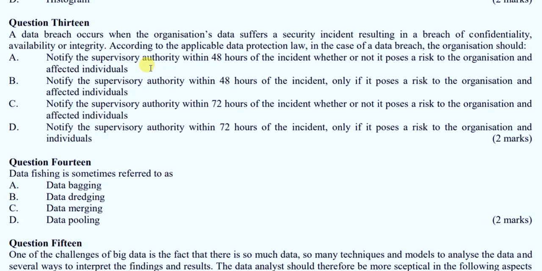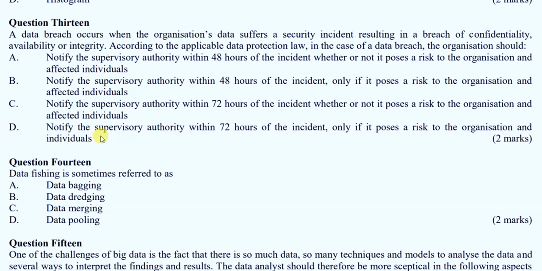The specific requirements for notification may vary depending on the jurisdiction and the nature of the breach. This question is not giving the candidate the jurisdiction.